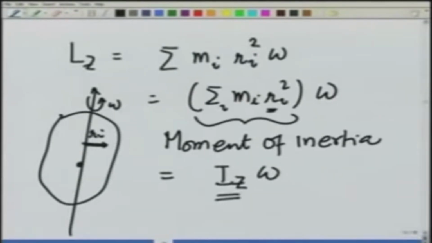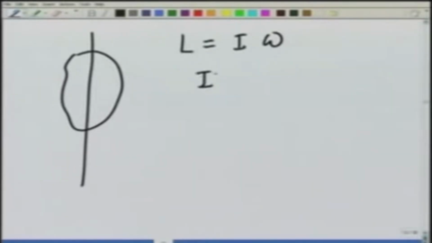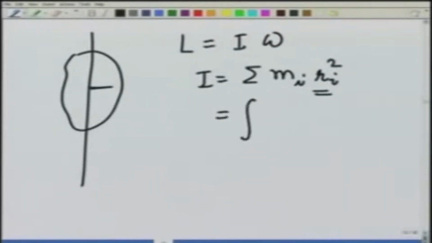So, what we found is that given a body which is rotating about an axis, its angular momentum L is going to be given as I omega. I have dropped the axis z, where I is nothing but the summation of m_i r_i squared, where r_i is the perpendicular distance from the axis, or if the mass distribution is continuous, I can write it as the integral of dm r squared.